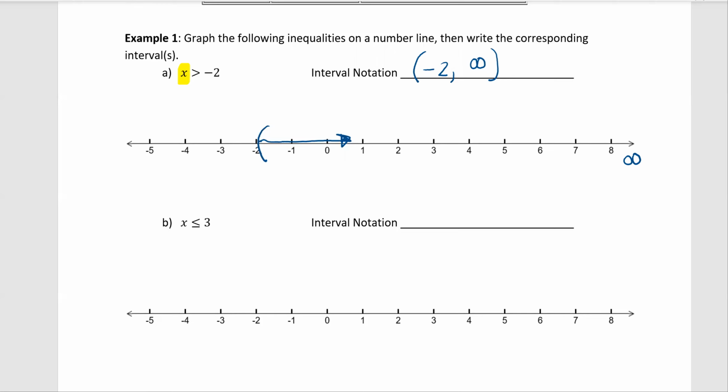B, x is less than or equal to 3. We need a bracket on 3. X is less than or equal to 3. We shade to the left. So our interval is going to be -infinity to 3.